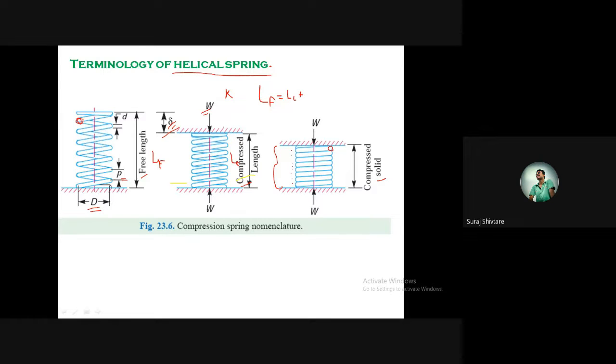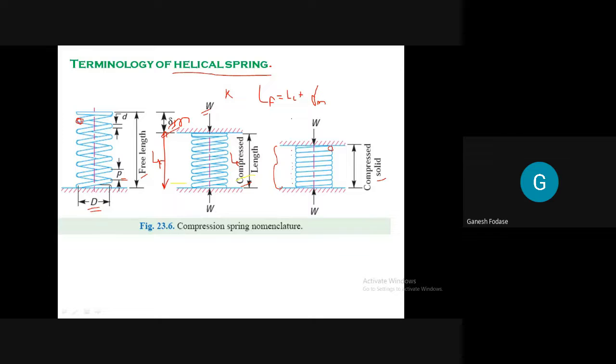The distance between two helical turns. Yes, the gap in between. That gap is nothing but delta max. Yes or no? This one is delta max. So this one plus this is nothing but your free length. So LF is equal to the compressed length, LC, plus delta max.